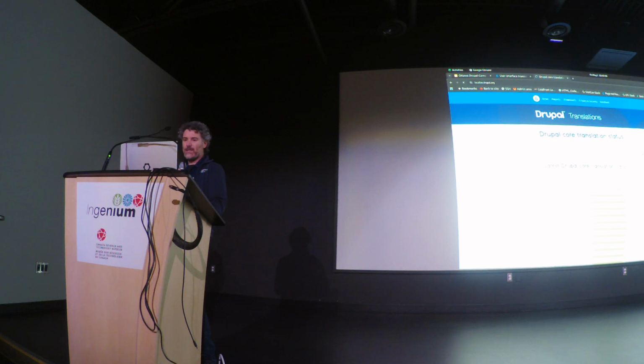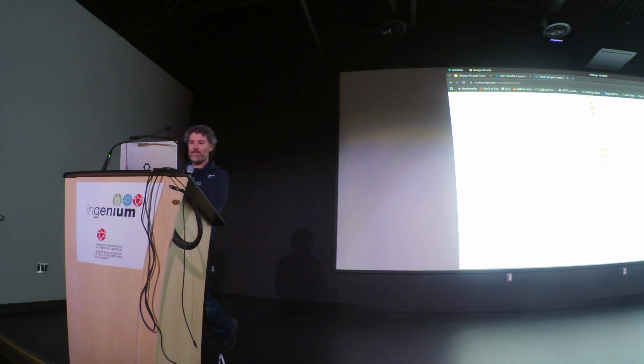We can take a look at this and get a layout for how this is translated into which languages, and we can see the progress of different languages. If we wanted to take a look at French, this module is completely translated, so this is not a great example.